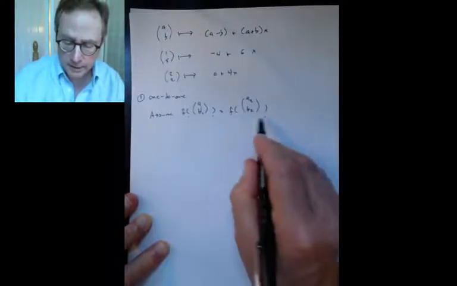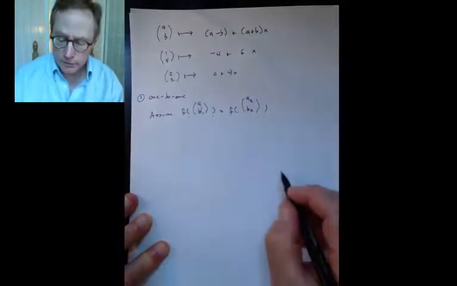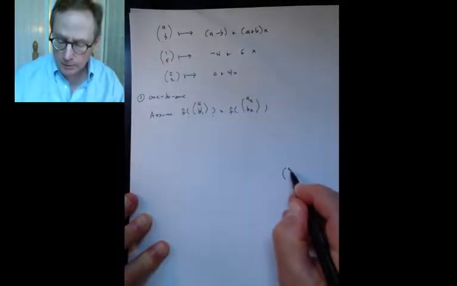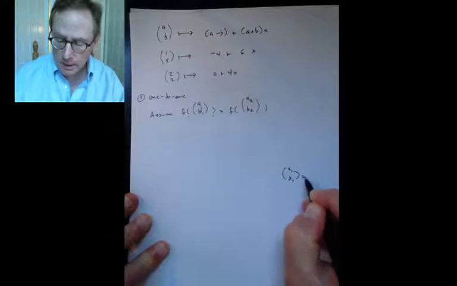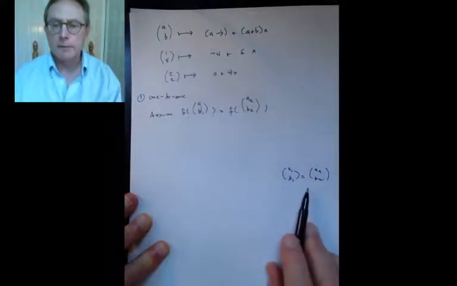A lot of parens, but I think I got it right. And then when I finish, I have to show that (a1, b1) equals (a2, b2). So my goal is to get from here to here.